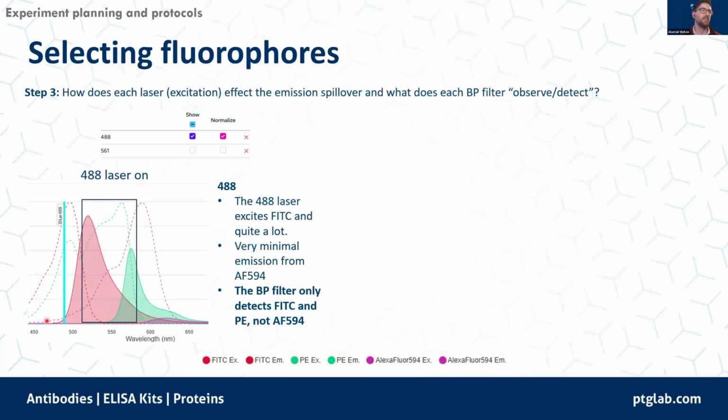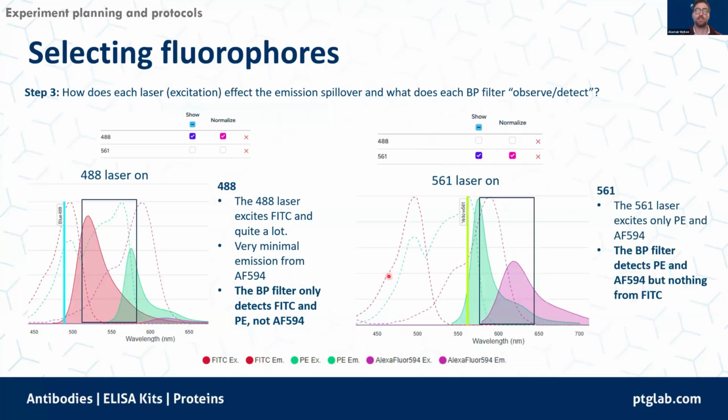We can also see that there's minimal excitation of Alastair 594, and that sits outside of our bandpass filter, so it wouldn't be detected in this case. Then we can do the same thing for the 561 laser, and when I normalize my histogram to 561, I can see that there is no excitation of FcZero, and as a result, no emission.